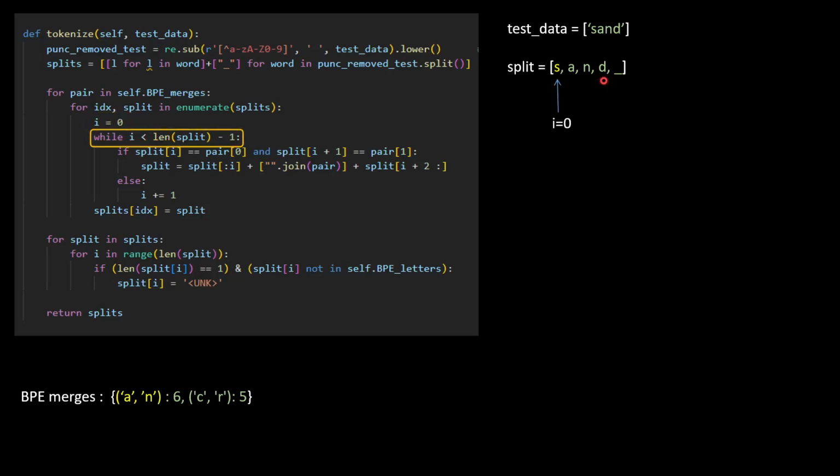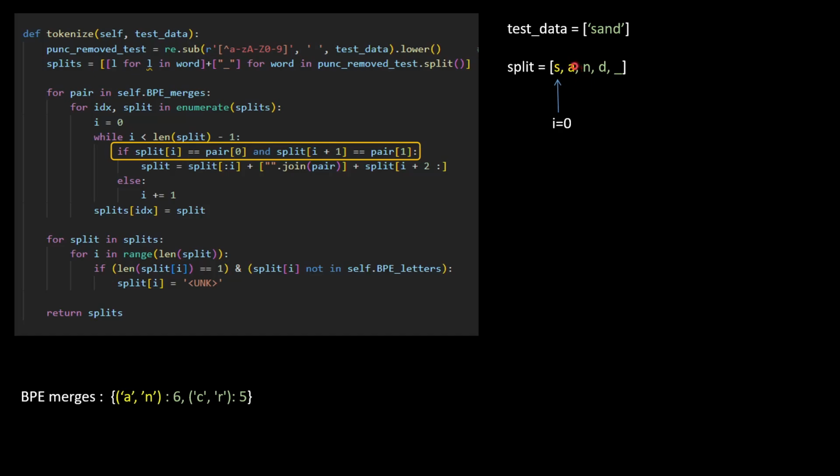Now it is going forward up to the second last element, because we will be taking pairs. If it goes to the last element, there will be no next element, so there will be an error. So as i stays at the 0 position, we are going to take the i plus 1th character as well and create a consecutive pair.